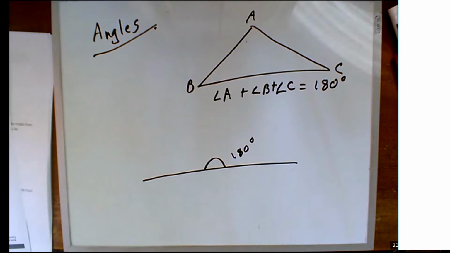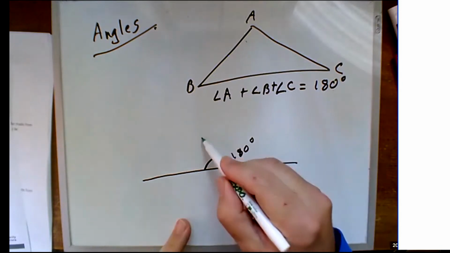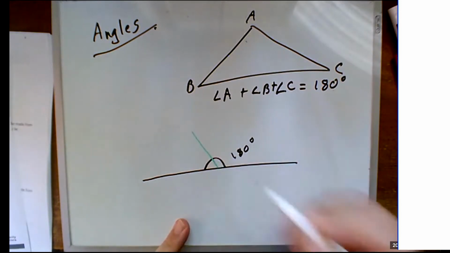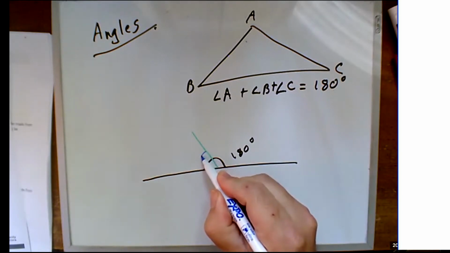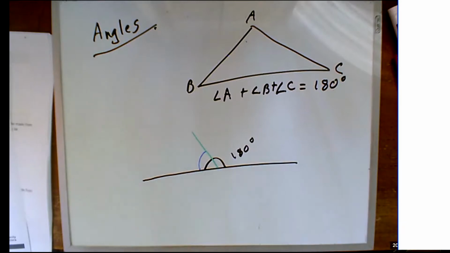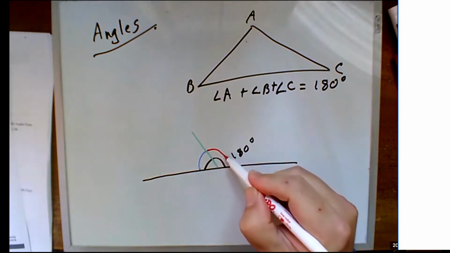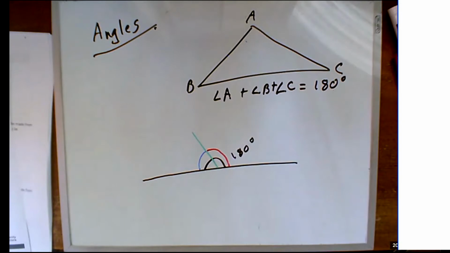The reason this becomes important is because if we had some line that was coming in onto this flat line, say something that goes in like that, I immediately know, and I will do this with some colors just to make it clear, that part of the angle and that part of the angle have to add up to 180 degrees. And that's something that becomes very, very useful when we're starting to work out some problems.